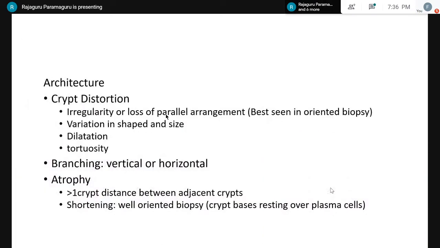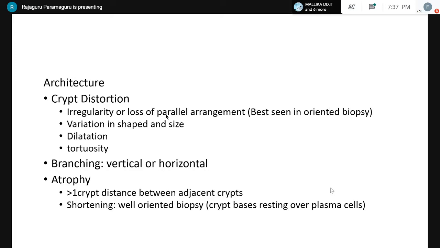So architecture changes are of three types: the distortion, branching, and atrophy. Distortion is irregularity or loss of the parallel arrangement, which I had shown you in the previous image. Variation in the size and the shape, where there will be an enlarged crypt or a small size crypt.